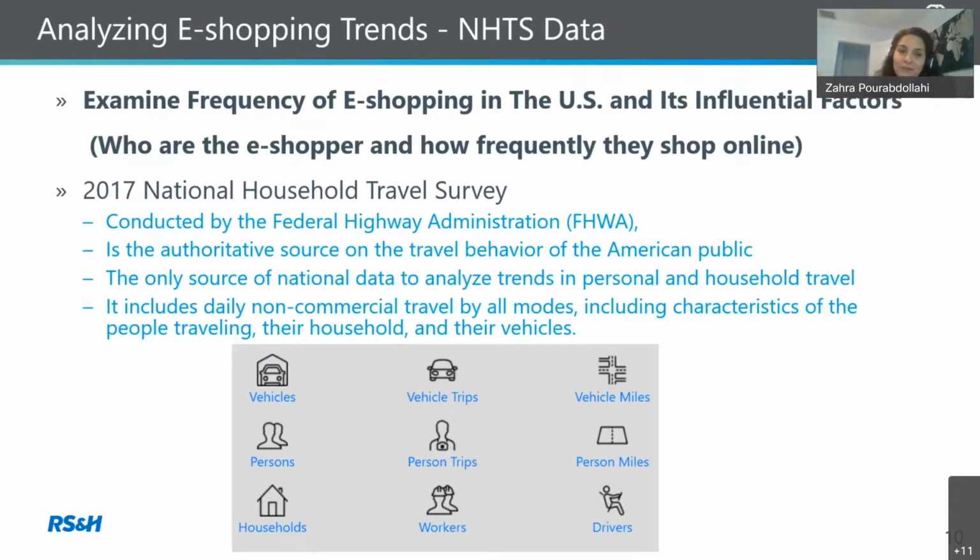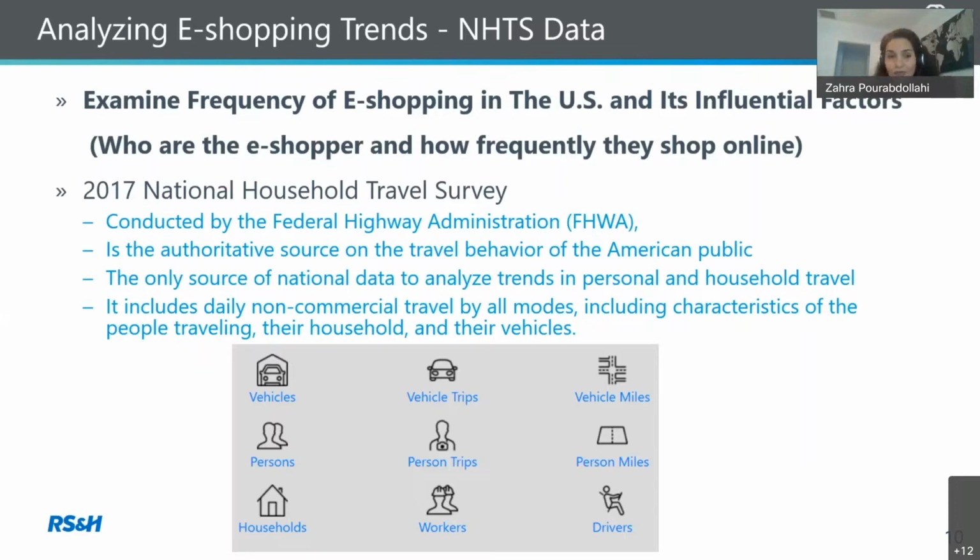For that, we used the 2017 NHTS. The National Household Travel Survey is conducted by the Federal Highway Administration. It is the authoritative source of travel behavior of the American public, and is the only national data that provides the capability to analyze the trends at personal and household levels.